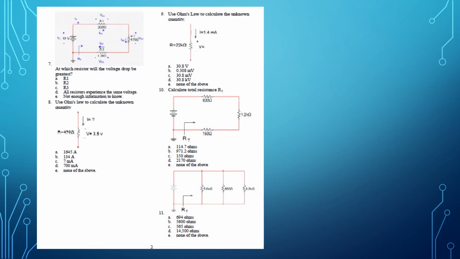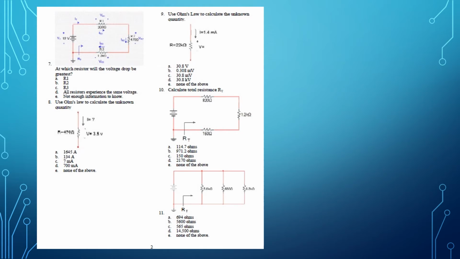You're asked to find the resistor that will have the greatest voltage drop. So in the series circuit, all you have to do is pick out which resistor has the largest value.